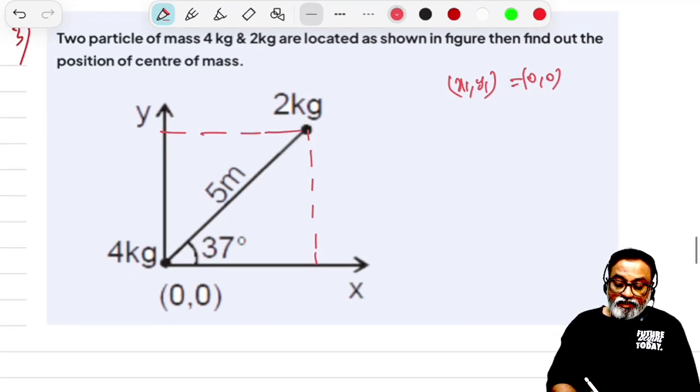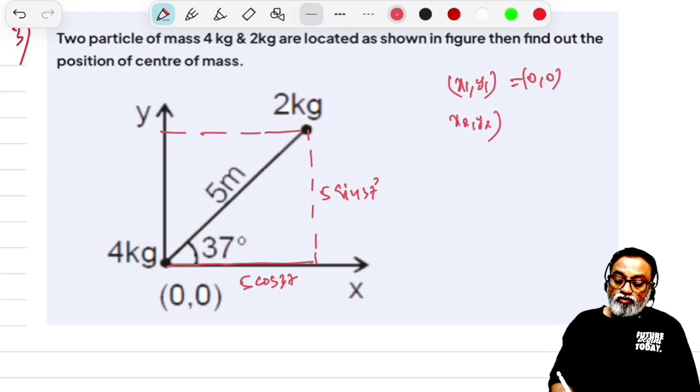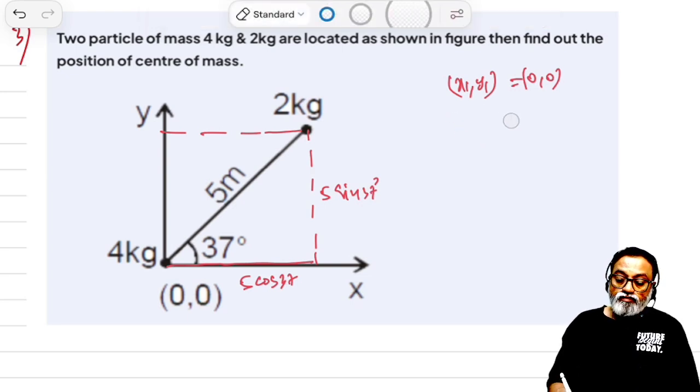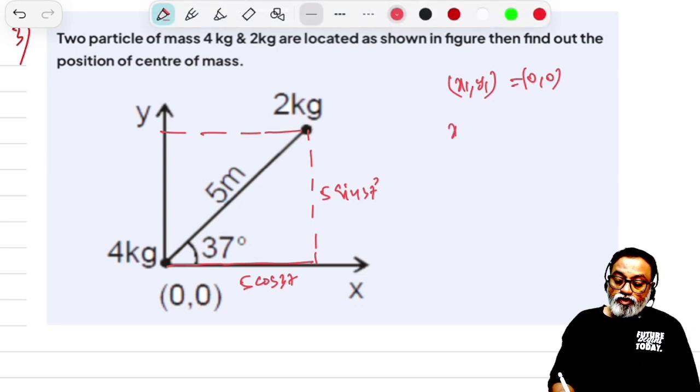y-axis. This distance is nothing but 5 cos 37, and this distance is 5 sin 37. Therefore, x2 comma y2, first we have to find out x2. See, x2 is equal to 5 cos 37.